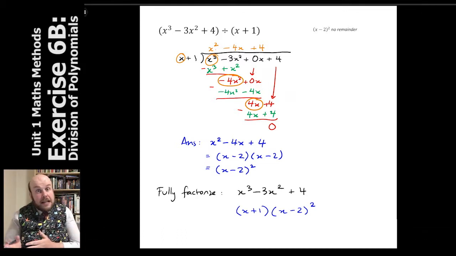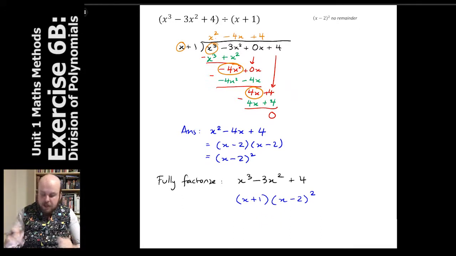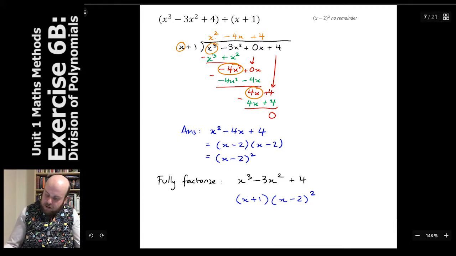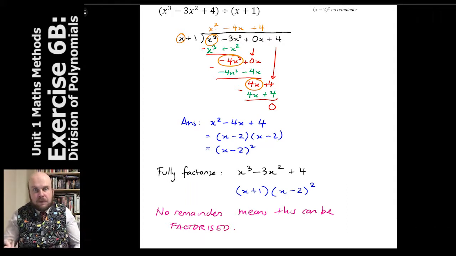If there was a remainder, like we had before, then we can't fully factorize that. It won't work. But since there is no remainder, this can be factorized. We'll talk more about this a little bit later, but no harm in having a little bit of advanced warning.